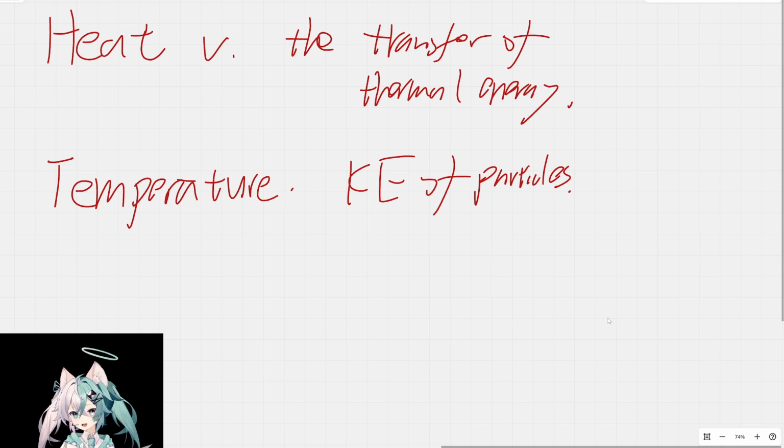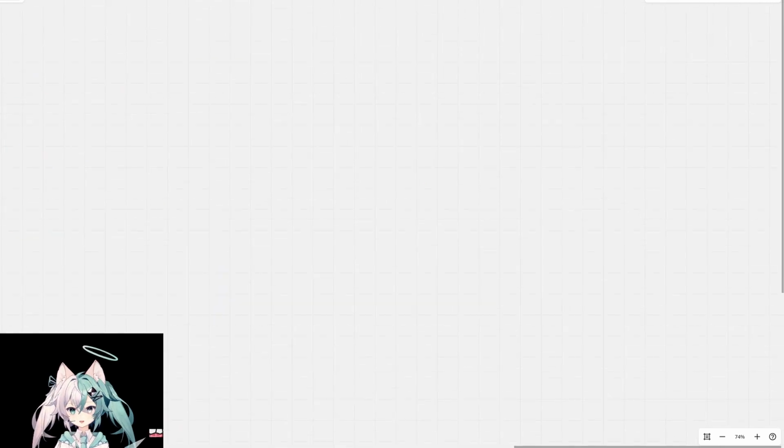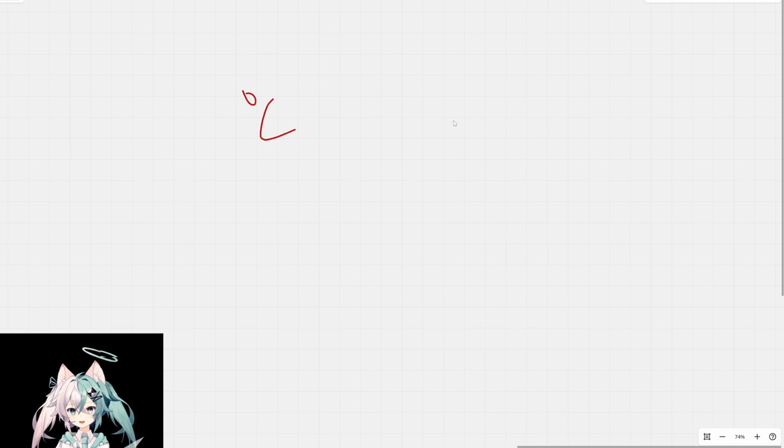And what we also have is some other things in this subtopic, things that we need to remember, to get some memories back to our mind: the temperature scales. We have Celsius, and also Kelvin. A Kelvin is the same size as 1 degree Celsius, but the Kelvin scale starts from absolute zero.